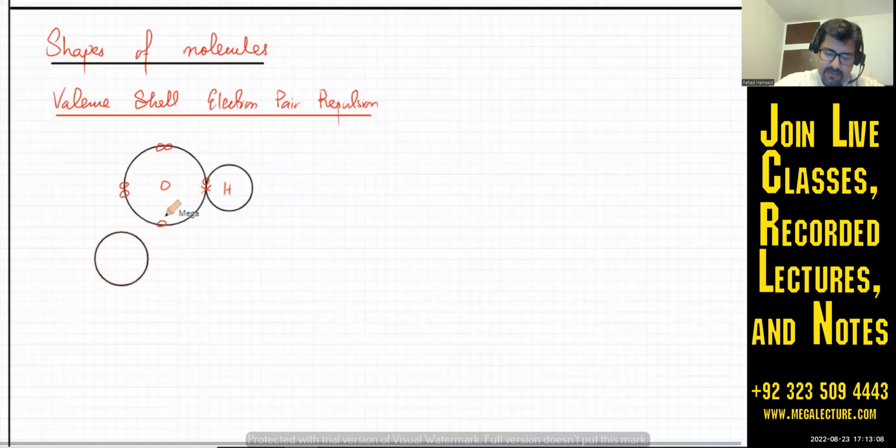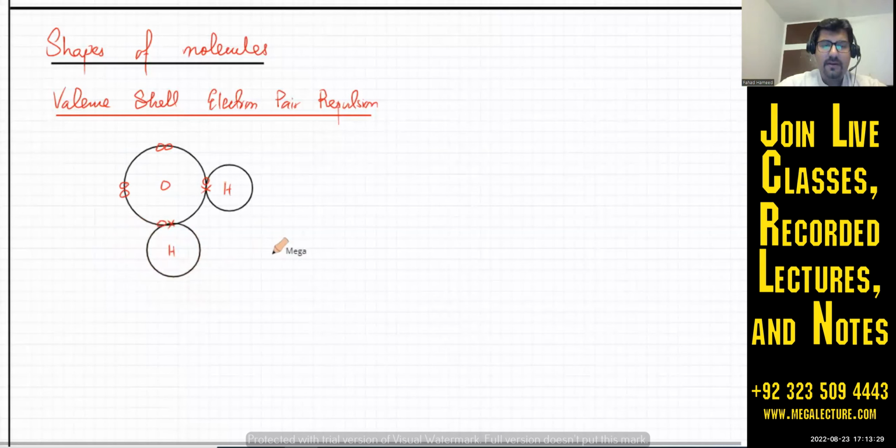And oxygen needs another electron. So there's going to be another hydrogen atom, and this hydrogen atom will also share electrons with oxygen.